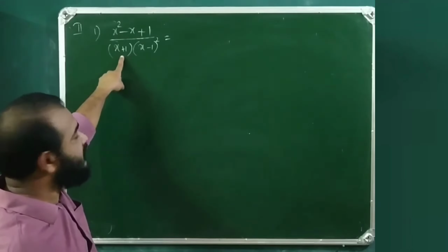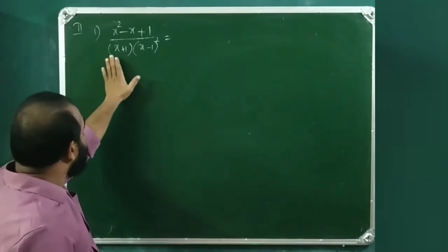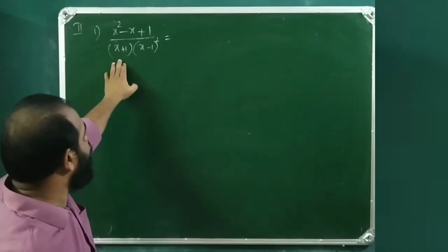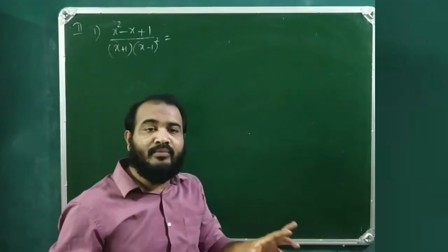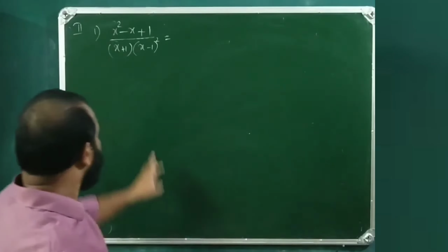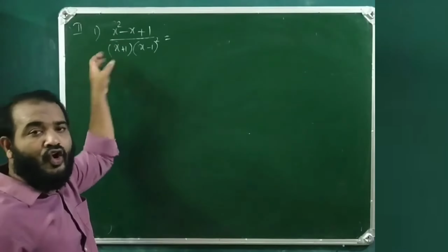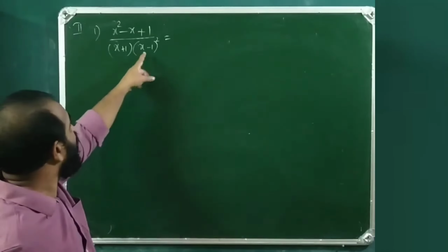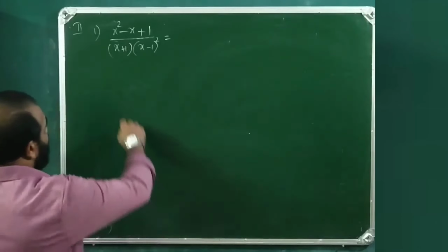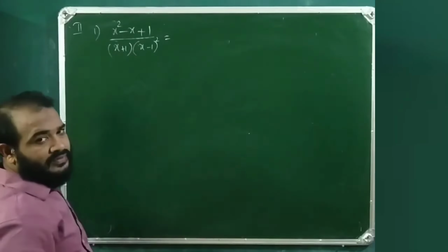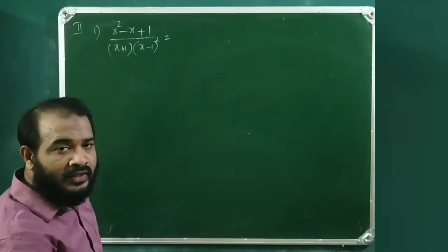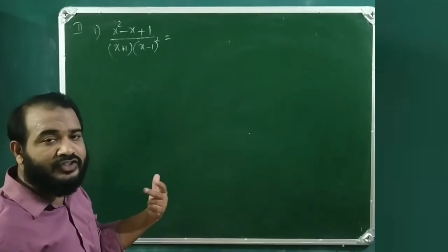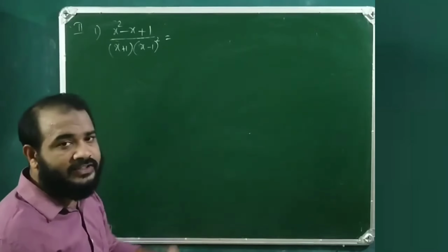Here the denominator contains both repeated and non-repeated linear factors. That is, type 1 and type 2 are mixed together. The denominator contains x plus 1, a non-repeated linear factor, and x minus 1, a repeated linear factor, repeated twice. For a non-repeated linear factor ax plus b of the denominator g of x, there exists one partial fraction of the form A by ax plus b.